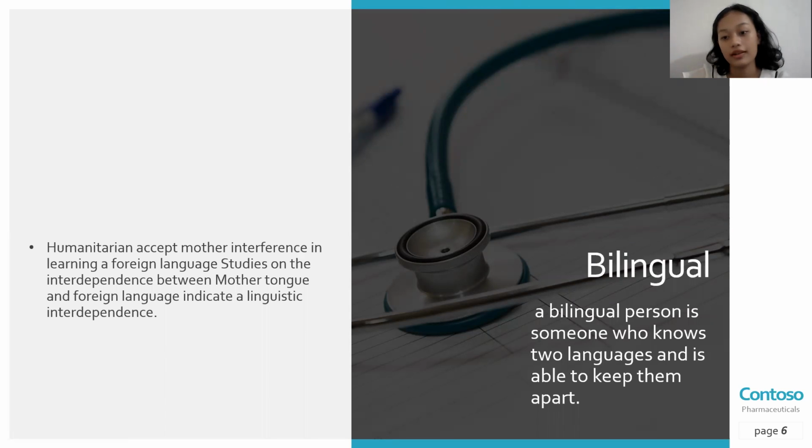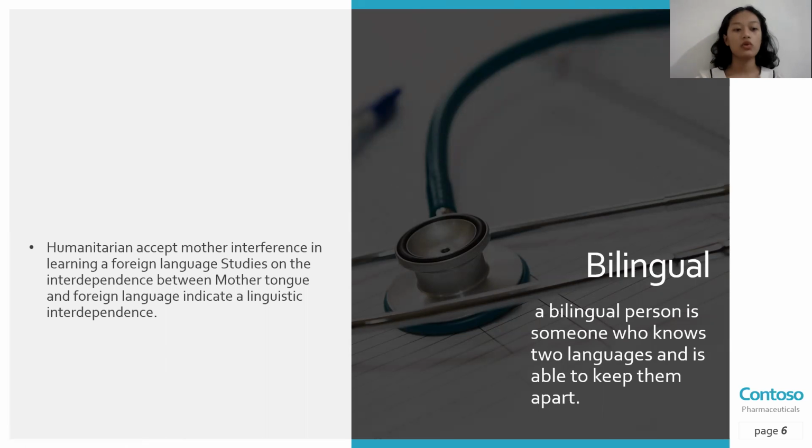A bilingual person is someone who knows two languages or even more, and is able to keep them apart. Most bilingual individuals are not exactly balanced.